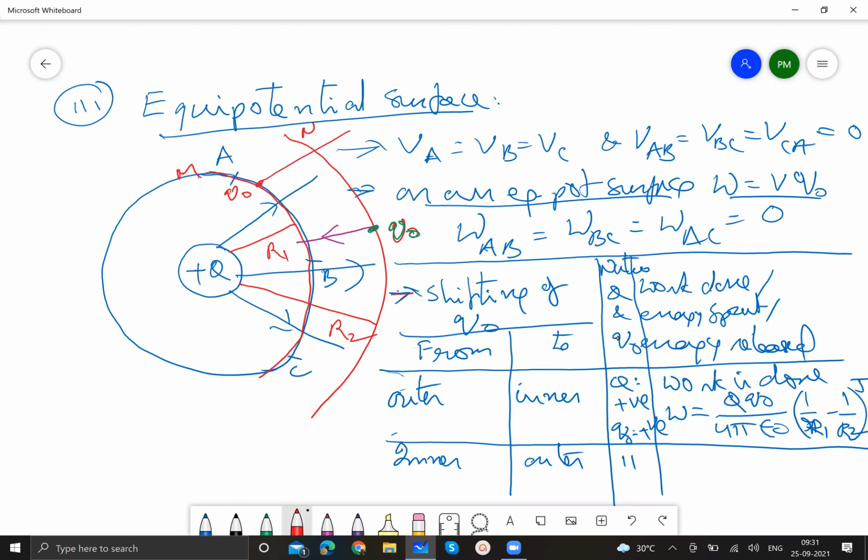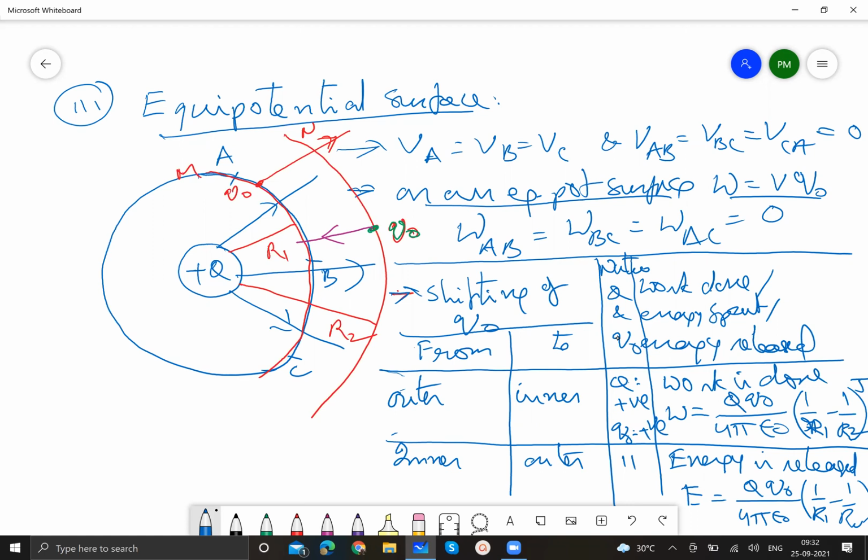It is automatically pushed away by the electrostatic repulsive force. Hence, energy is released. How much energy is released means the magnitude of that energy will be the same as the work done. So E, the amount of energy released, will be equal to Q naught by 4 pi epsilon 0 into 1 by R1 minus 1 by R2.